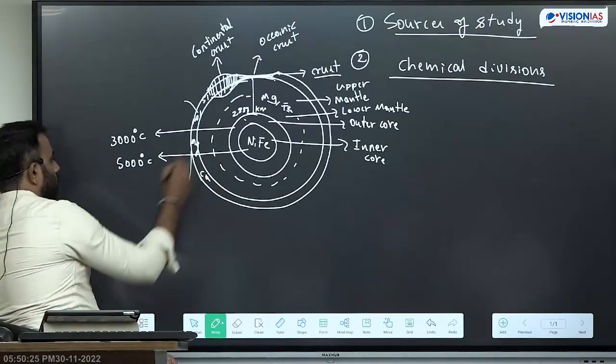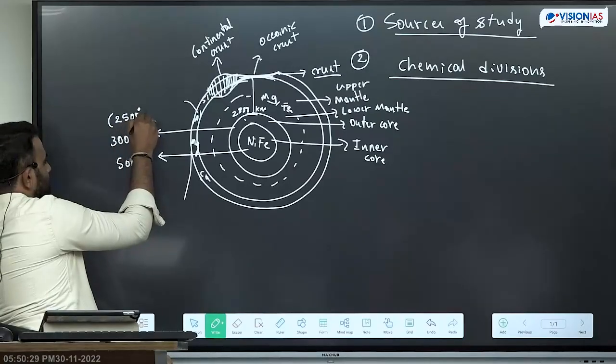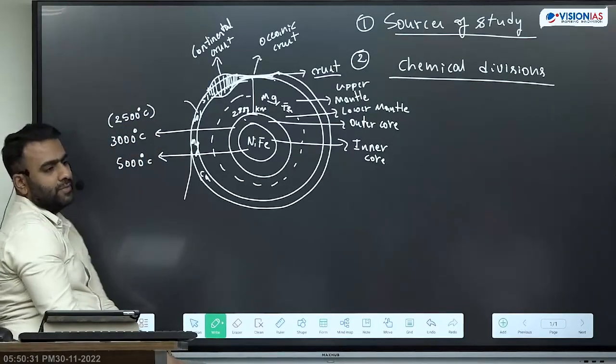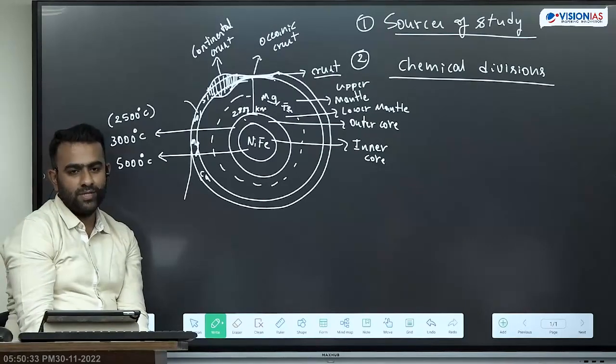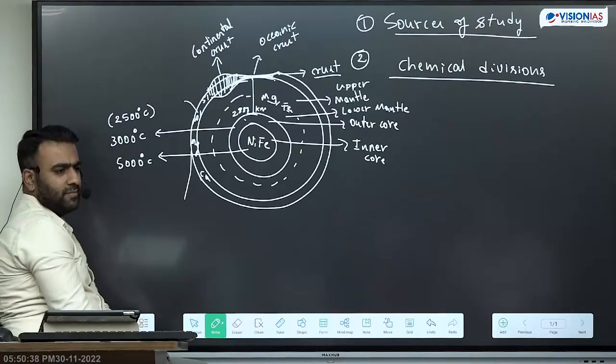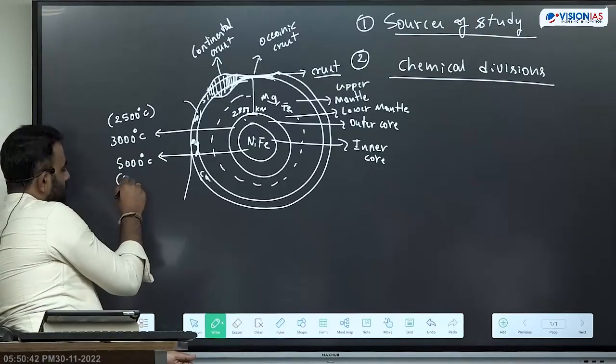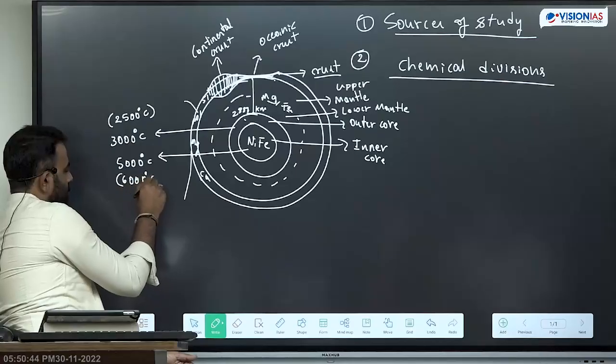In the outer core, the melting point of rocks is 2500 degrees Celsius. I'm not saying it is, I'm just taking an example. In the inner core, the melting point of rocks is 6000 degrees Celsius.